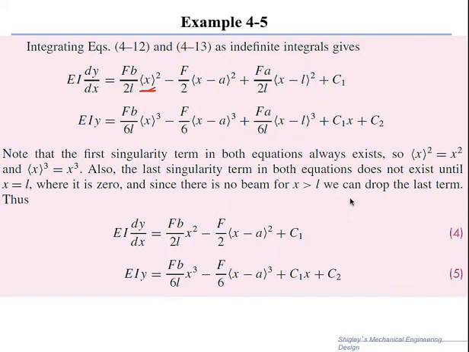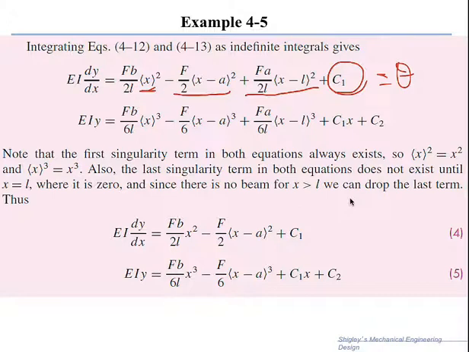And finally, you integrate the third term, and don't forget to put the constant of integration C1 at the end. This is the equation for the slope. Essentially, theta is equal to that.